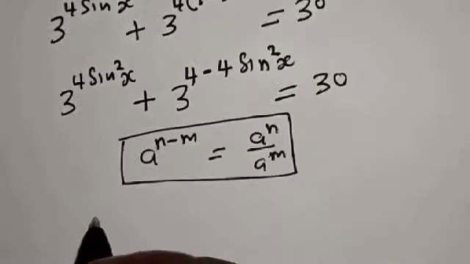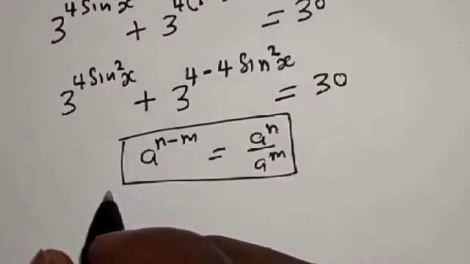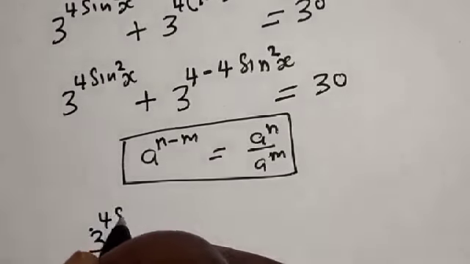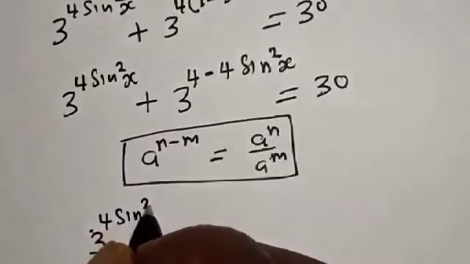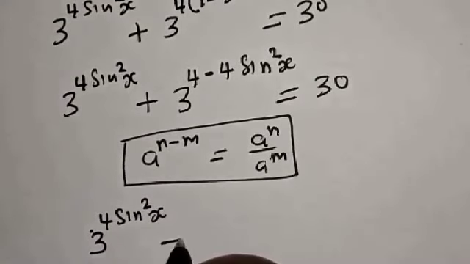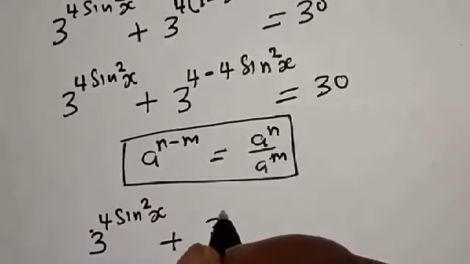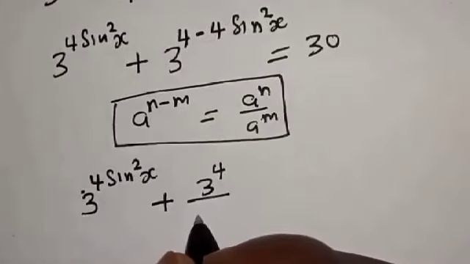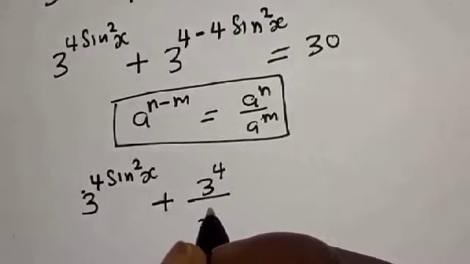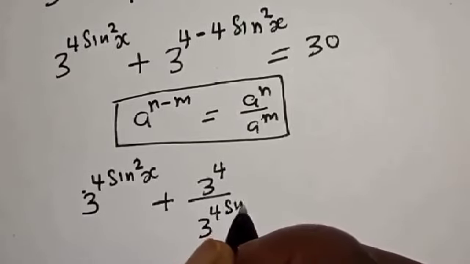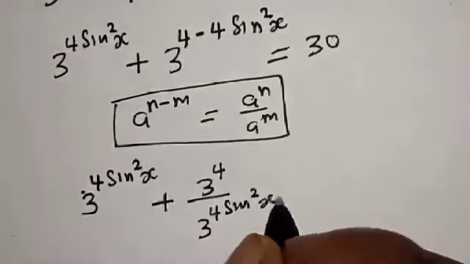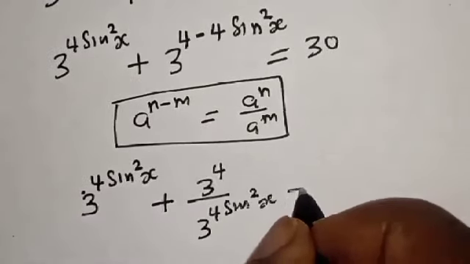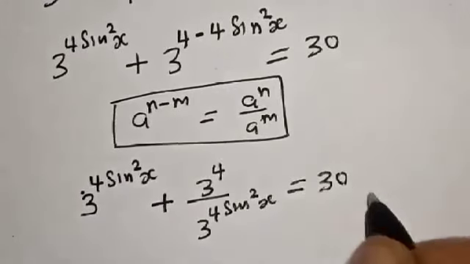3 raised to power 4 sine square x plus 3 raised to power 4 divided by 3 raised to power 4 sine square x is equal to 30.